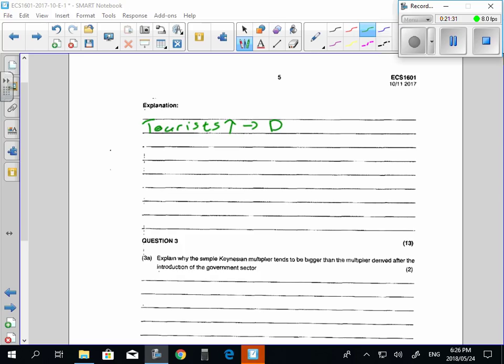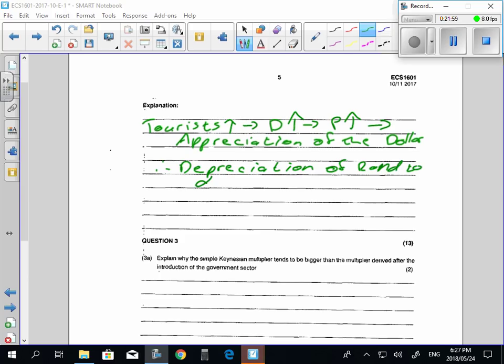This increases the demand for dollars, which increases the price of dollars, which is an appreciation of the dollar against the rand, and therefore it is a depreciation of the rand to dollar. But anything else that I said there, you can throw that in there as well.